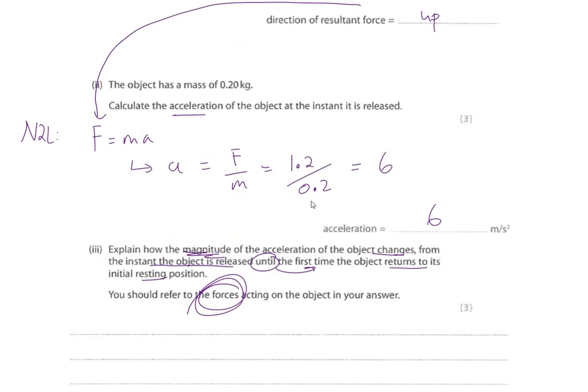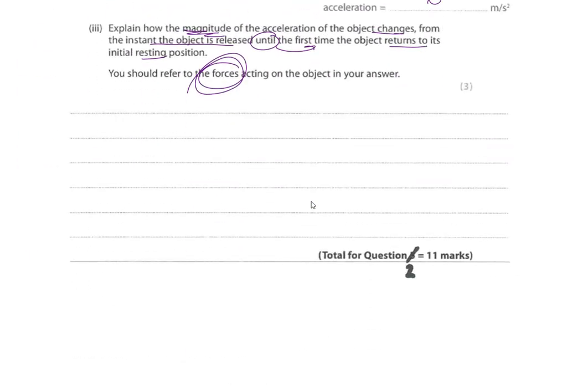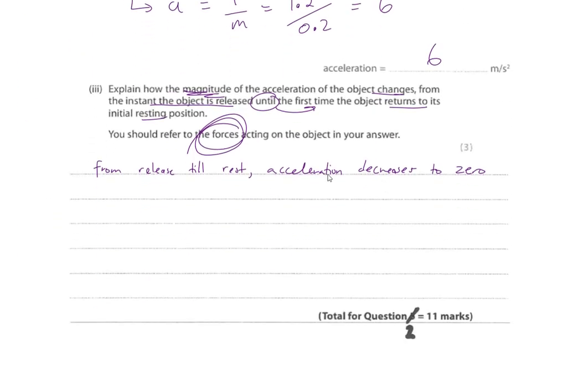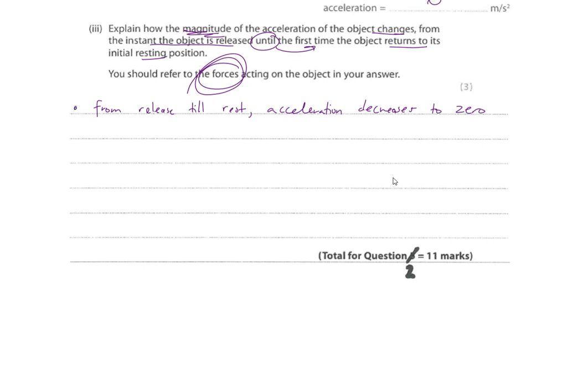So the first thing we can say about acceleration, from release till rest, the acceleration decreases to 0. Because at the start, once you release it, it is 6. We calculated it, and then it's going to swing slower and slower, and then goes to 0. So it decreases to 0. That's the first point.